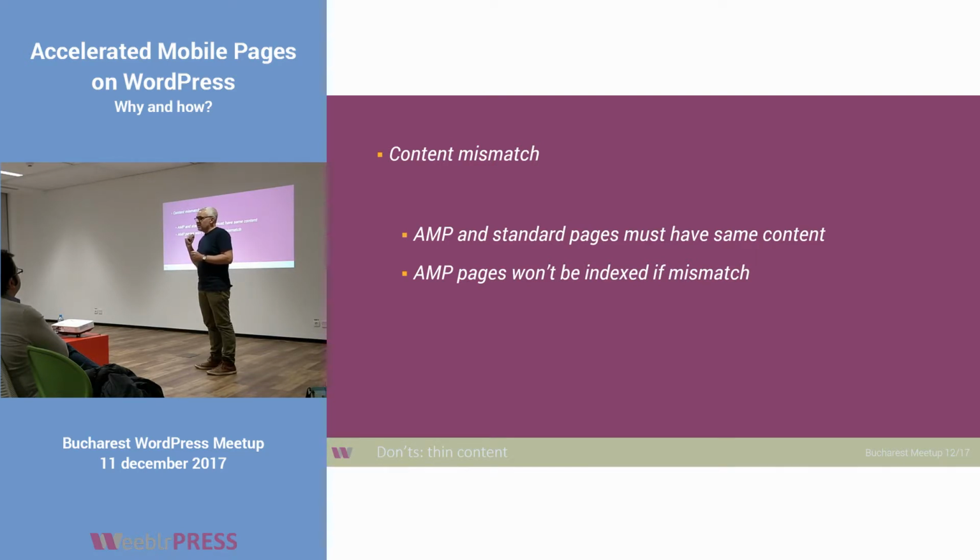And that they don't like. Google said this is wrong, and they are now putting a penalty on that, which means your AMP pages are not going to be used. So again, you're just wasting your time and efforts if you're doing that. You need to have about the same content on your regular pages and your AMP pages.